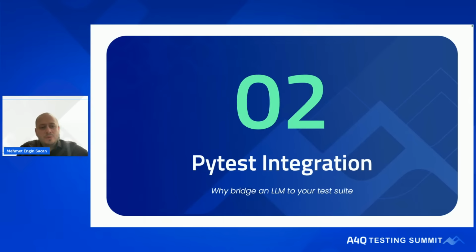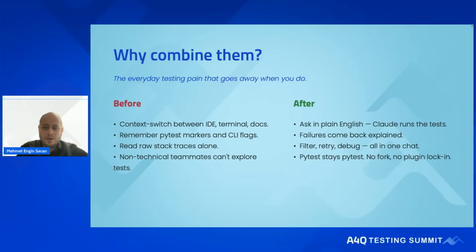Let's go through bridging the LLM and your test suite with Pytest. But before that, let's look at the before and after situations, basically why we combine them. How many tools are open right now while you're debugging a failing test? IDE for the code, terminal for Pytest, browser for documents, CI dashboard for history, maybe a notebook for analysis.